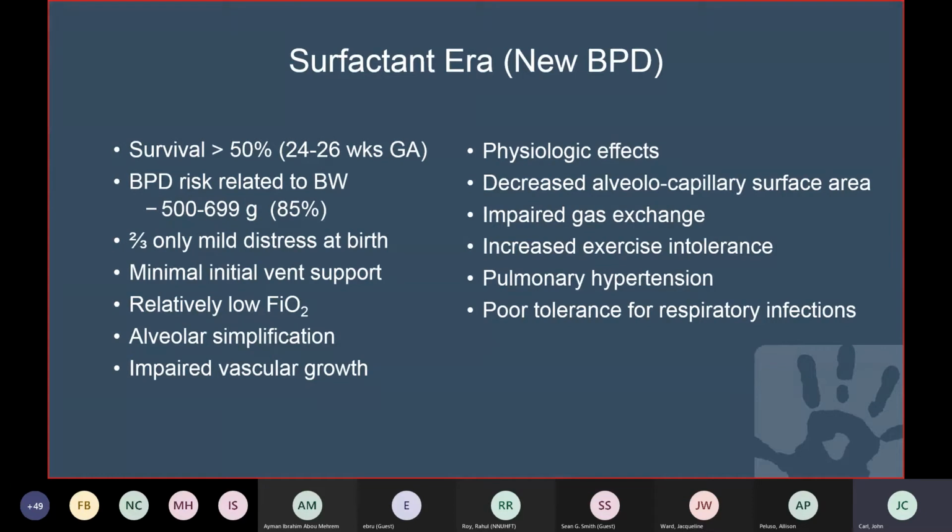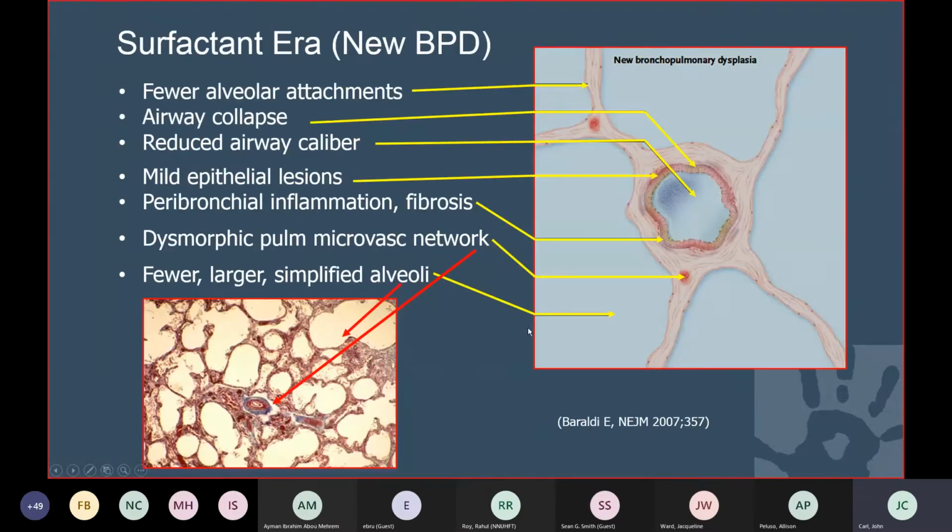The physiologic effects are that, due to the decreased alveolar capillary surface area, there is impairment of gas exchange, increased exercise intolerance, development of pulmonary hypertension, and obviously poor tolerance for any respiratory infections.